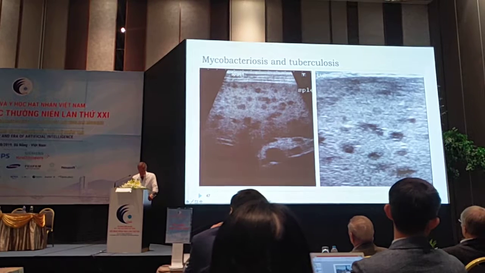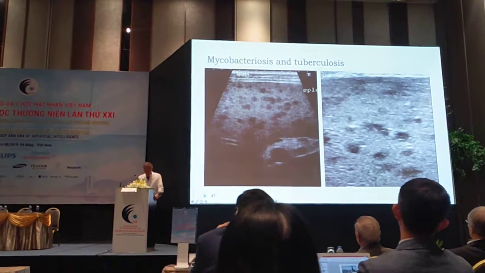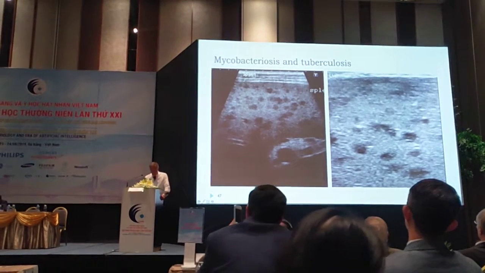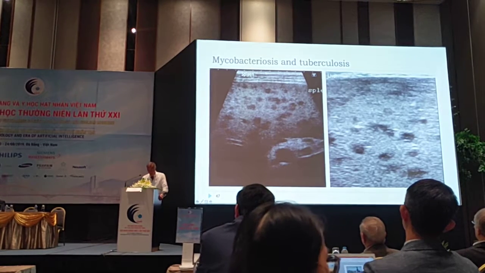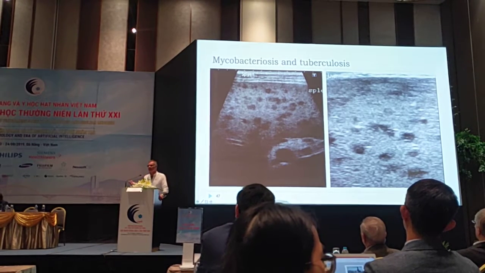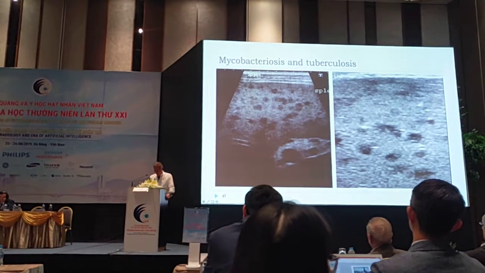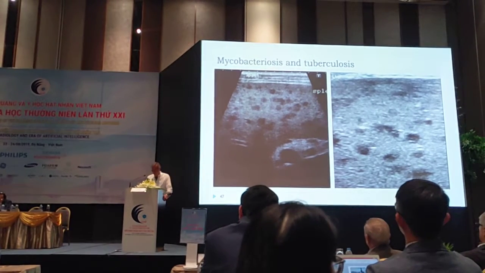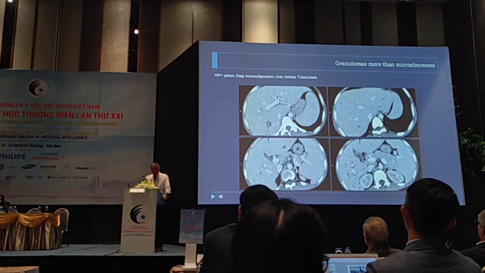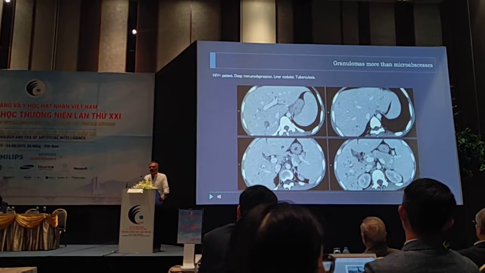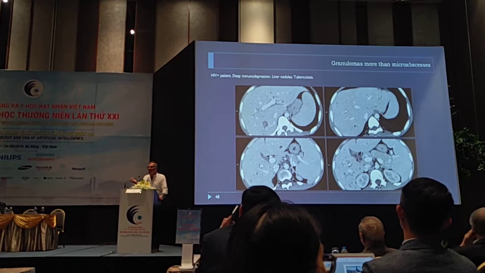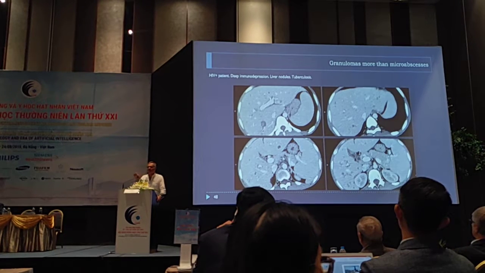This is a mycobacteriosis and tuberculosis in the liver and in the spleen. You see the spleen pattern here, you see the liver pattern here. You see how nicely demonstrated these microabscesses and granulomas are, again with a high frequency probe. Again, some other example. Only on imaging features, it's hard to say which is which. Is it fungal infection?